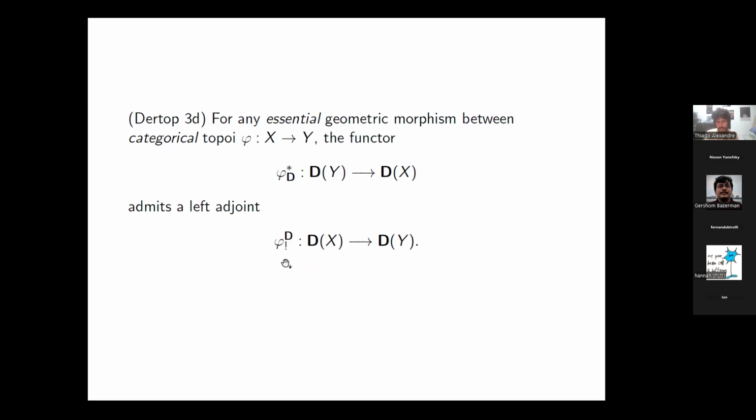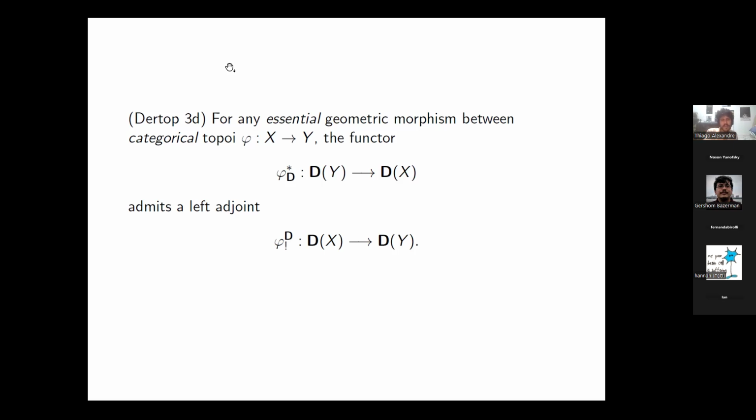It is also important to mention that for the left adjoint extensions, the direct homological images, I only assume their existence in the case of essential geometric morphisms between categorical topoi. I would like to assume it for essential geometric morphisms in general, but I don't know yet if it holds for all the important examples of topological derivators.